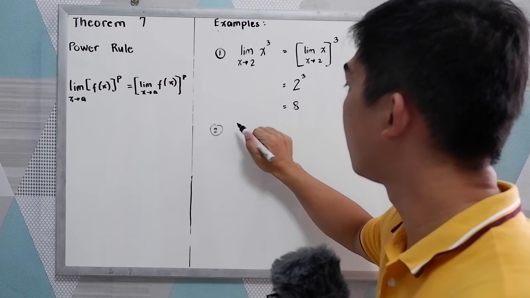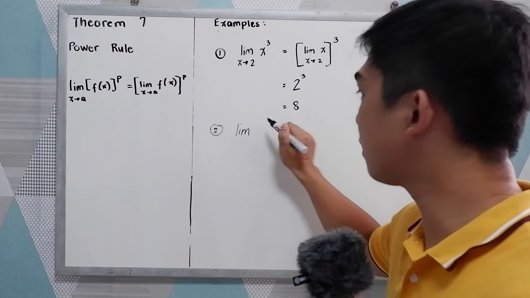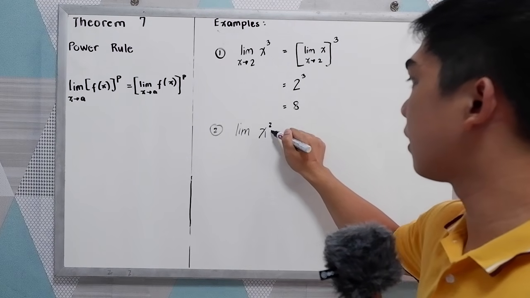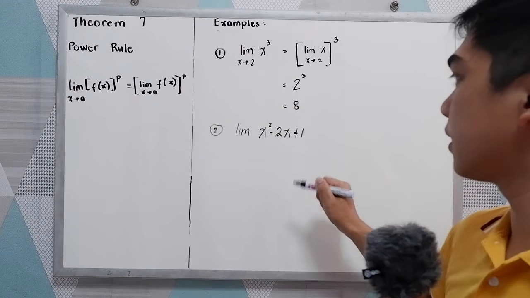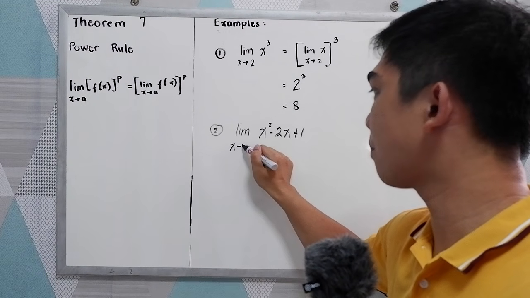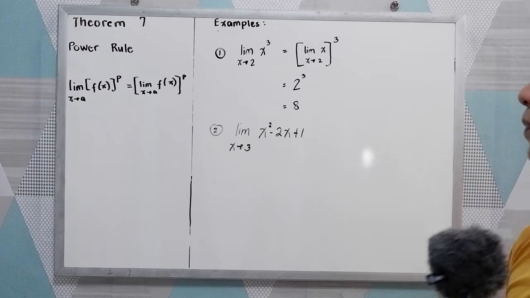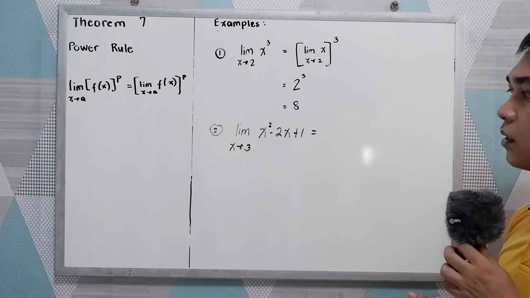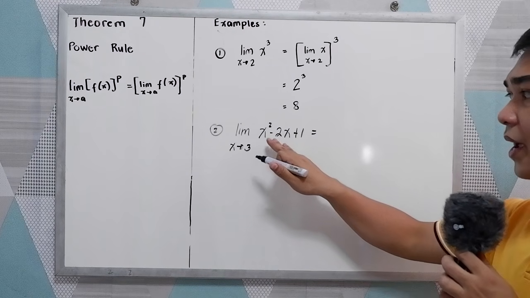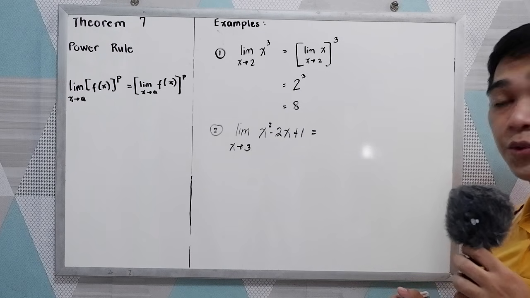Let's say we have the limit of x squared minus 2x plus 1 as x approaches 3. So first let us apply our sum or difference rule.